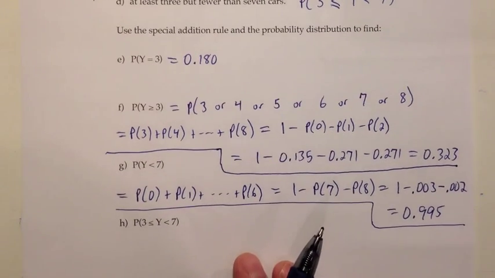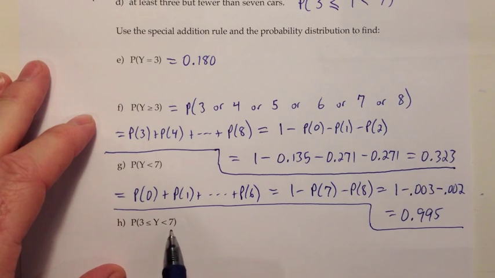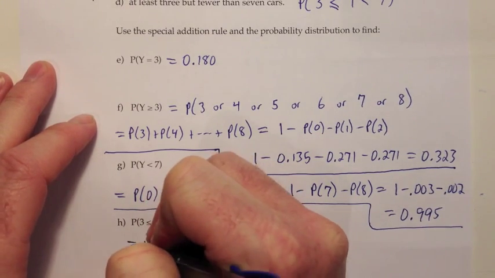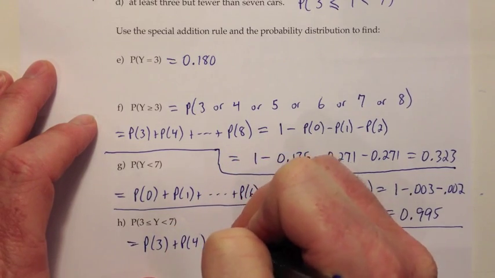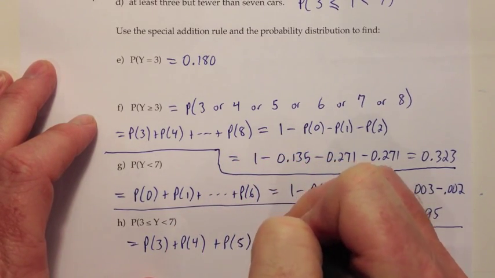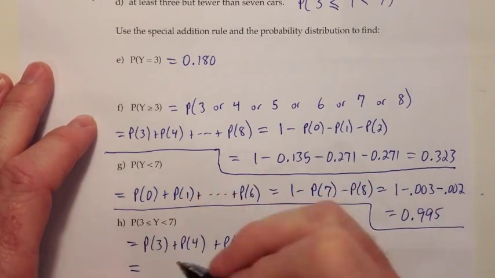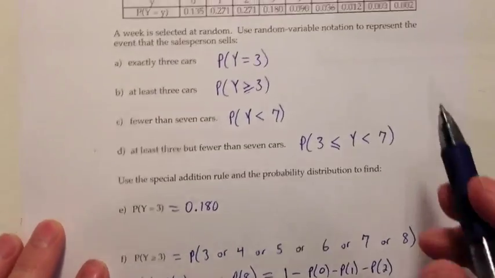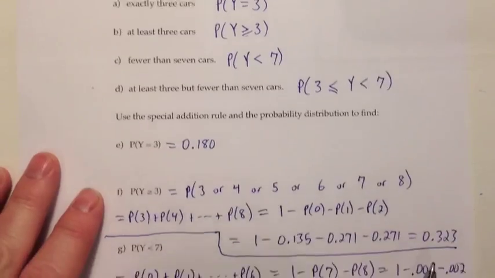And then finally, the probability that the number of cars she sells is somewhere between 3 and 7, including the 3 but not the 7. That would be the probability of 3 and 4 and 5 and 6, but not 7 because it's not included. And then I would just go to the chart and get those. So the probability of 3, 4, 5, and 6, those are the ones I want.